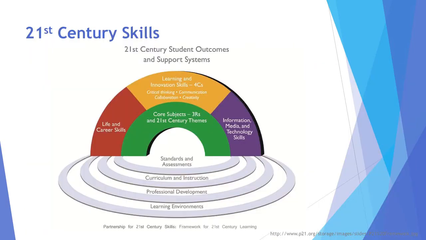So, choice also naturally aligns with the 21st century skills. So it teaches students how to be critical thinkers, how to communicate, collaborate, and be creative. Students are learning how to be adaptive and also flexible because things don't always go as they planned, and that's just how life is.